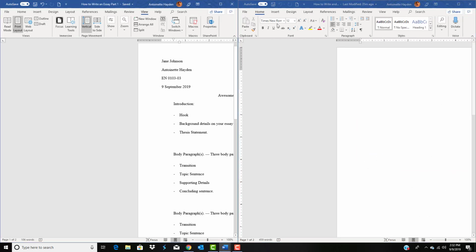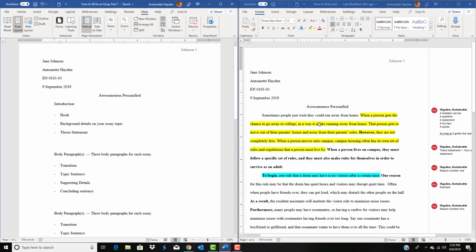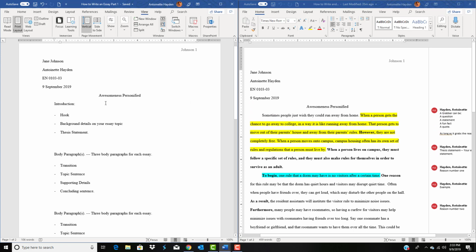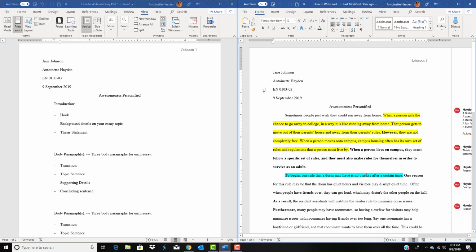So over here we have our outline, and over here we have the actual start to the essay. So once again, we have our 1-inch margins, go all the way around.